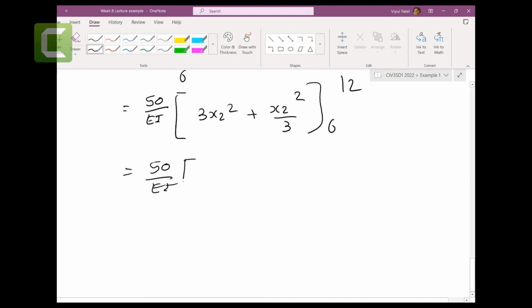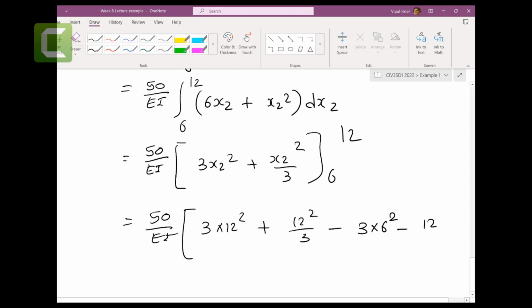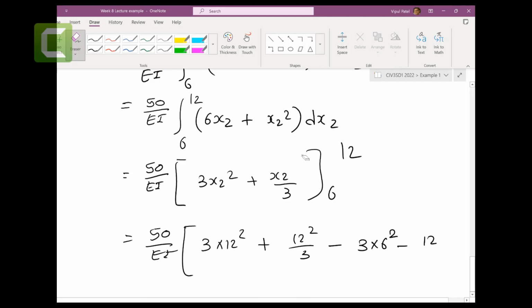So 3 times 12 squared plus 12 squared over 3, minus 3 times 6 squared minus, and that would be cubed.